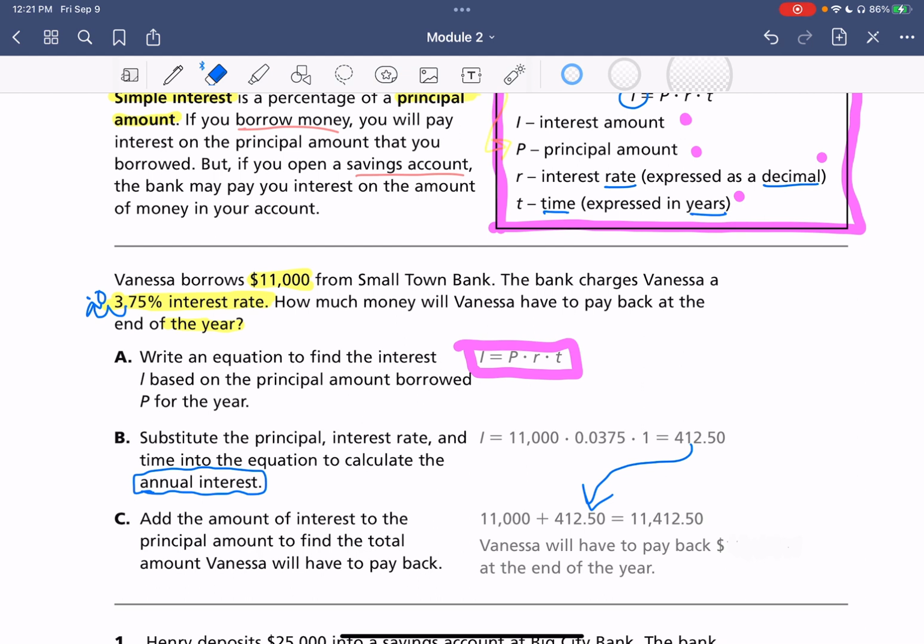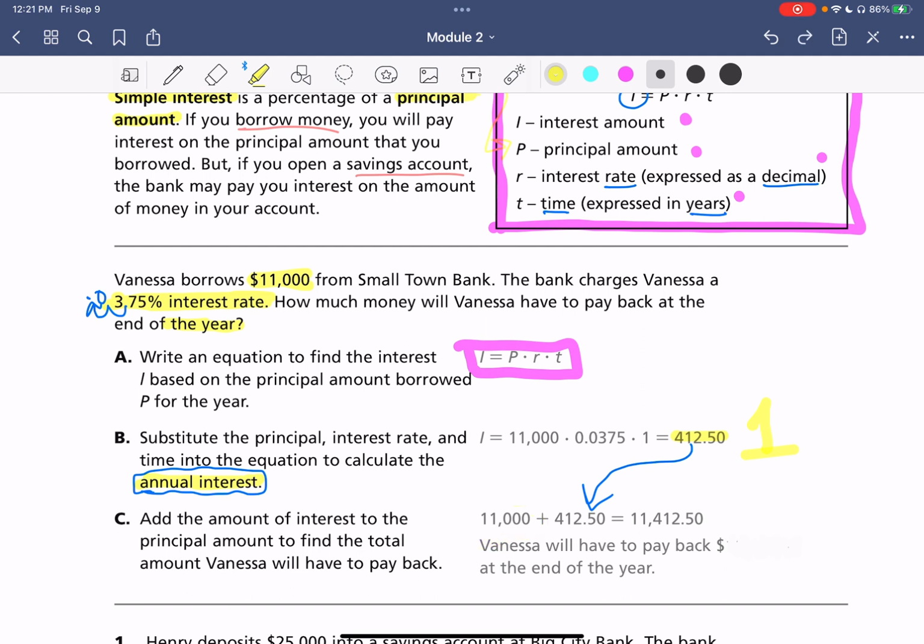We always want to make sure we know what we're trying to solve for and what all these magical numbers are telling us. So again, this $412.50 right here, that is simply how much she is being charged in interest for 1 year. And she still needs to pay that $11,000 off that she initially borrowed from the bank.